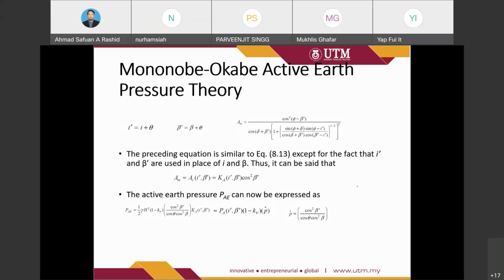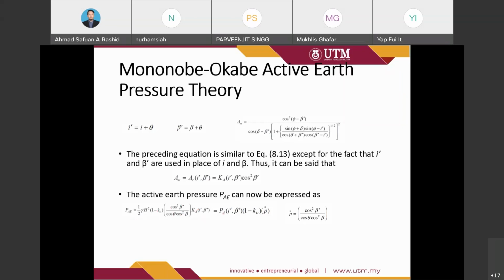So the active earth pressure PAE can now be expressed as PAE equals half gamma H square times 1 minus KV, cos square beta prime, cos theta, cos square beta, KA of I prime beta prime.